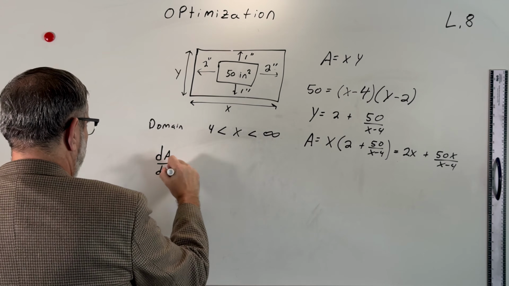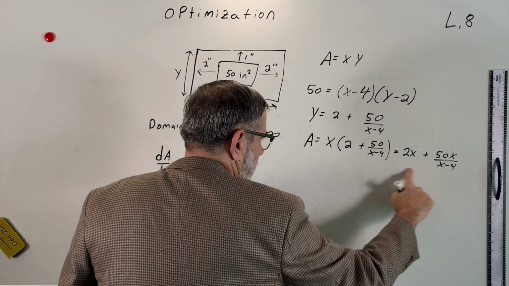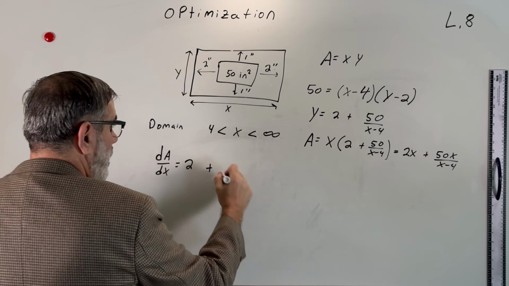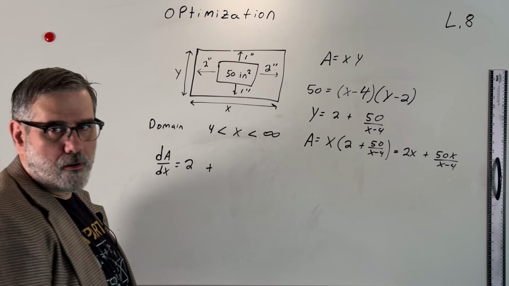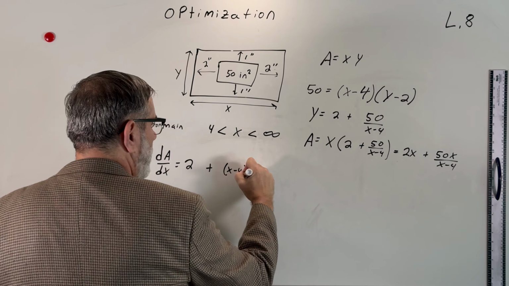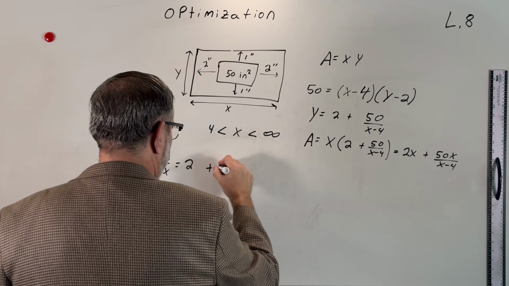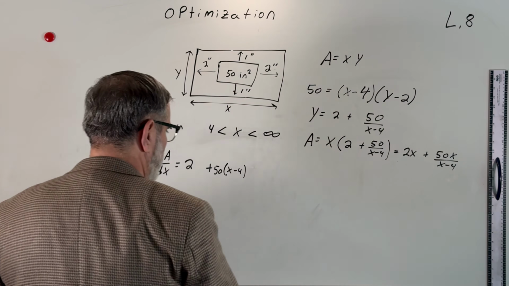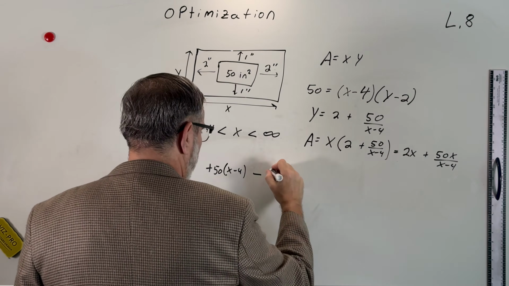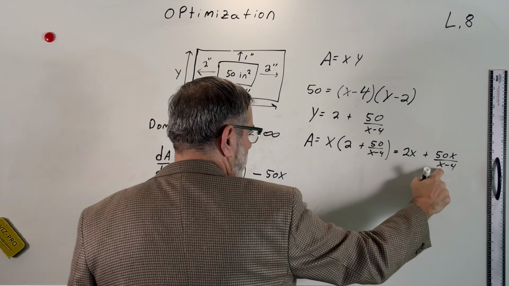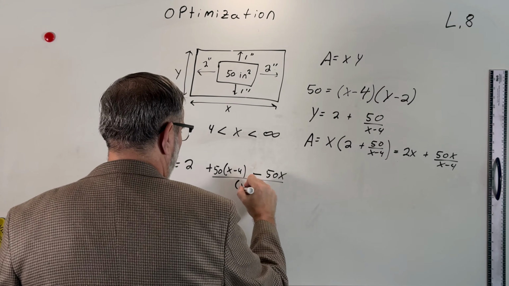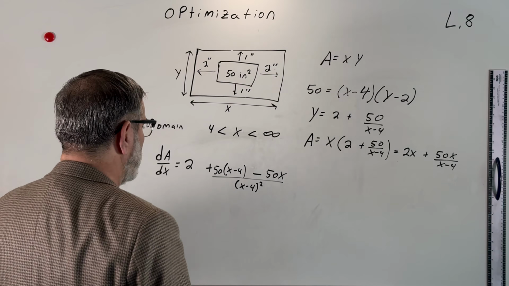dA/dx. We'll differentiate this right here term by term. The first term has its derivative as 2. And then for the second term, you see that we have a quotient rule that we need to use. So we'll get x minus 4 times the derivative of the top, which will be 50, and the derivative of x is just 1, minus the top, 50x, times the derivative of the bottom, which is just 1, all divided by x minus 4 squared.